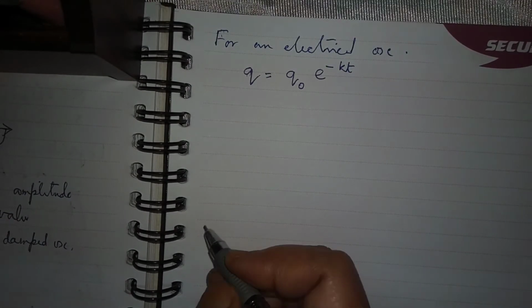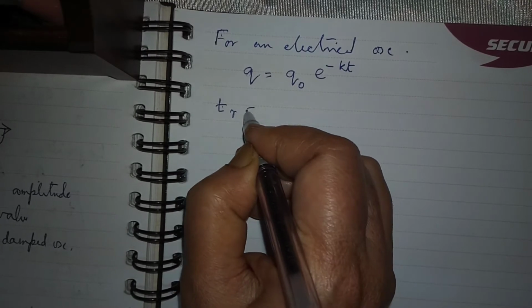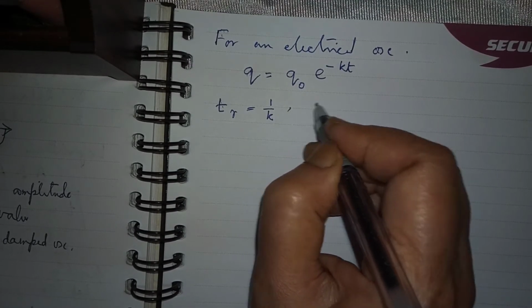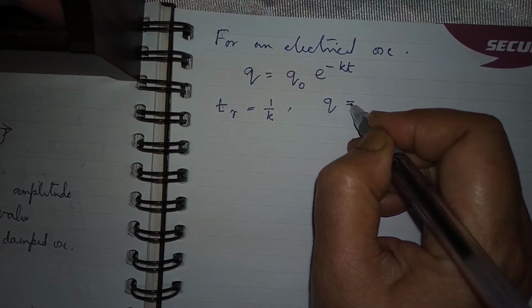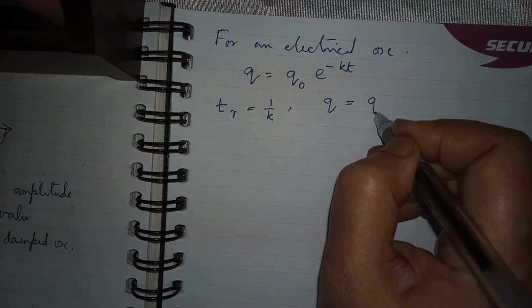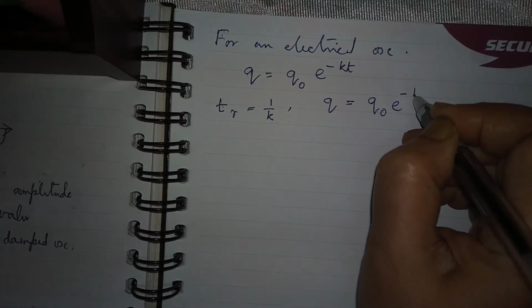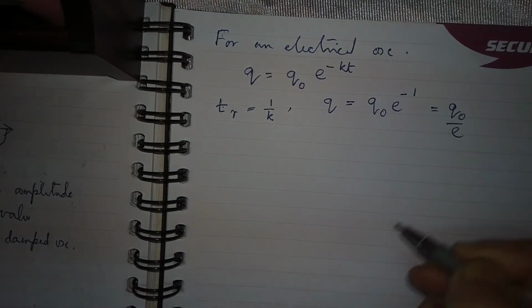So for TR equal to 1 by k, Q will be equal to Q0 e to the power minus 1, which is equal to Q0 by E.